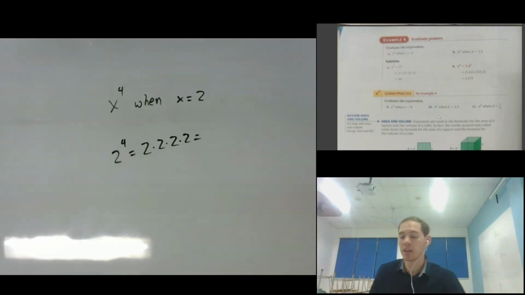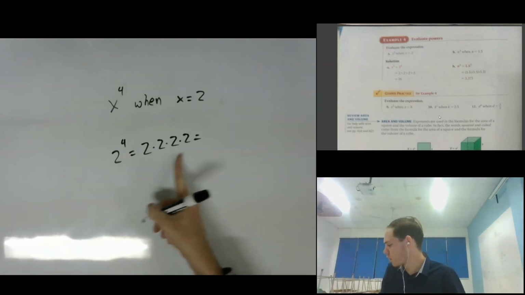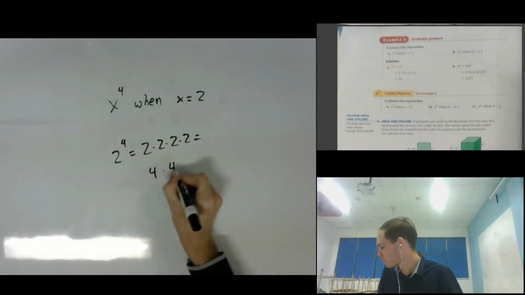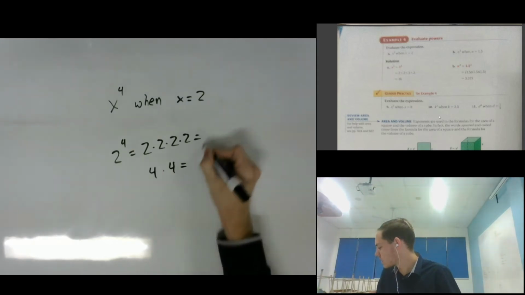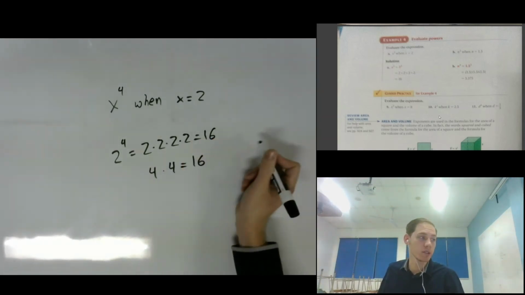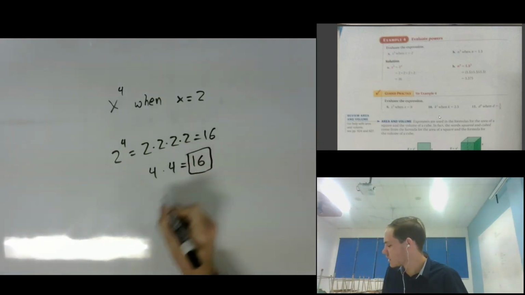So value of expression. 2 times 2, 4. 2 times 2, 4. 4 times 4, and that would give us 16. Now, you can do it just 2 times 2 times 2 times 2. I'm okay with that. So our answer is 16.